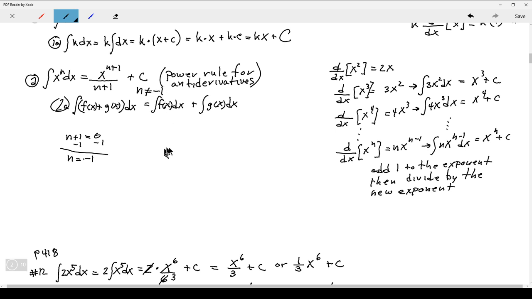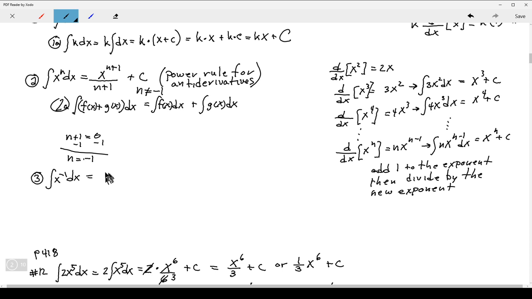If you recall, the function x to the -1, what is that the derivative of? Well, x to the -1 is 1 over x. So let's put a third rule in here. It comes up a little bit later in the chapter, but I'll do it now. And that is, what is this?